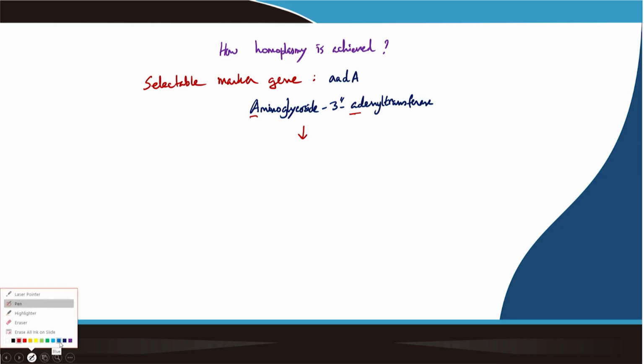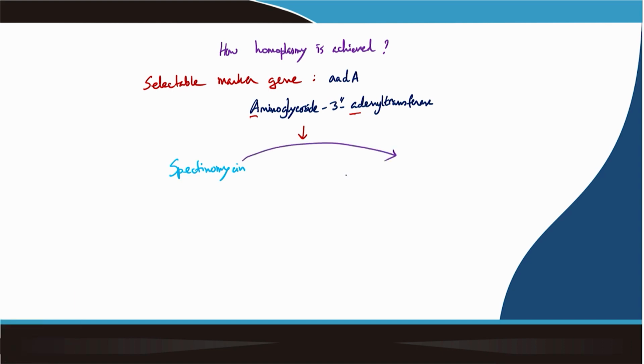If you have spectinomycin in the medium and the plant absorbs that, and if the plant tissue contains aadA, then this aadA converts spectinomycin into adenyl spectinomycin.